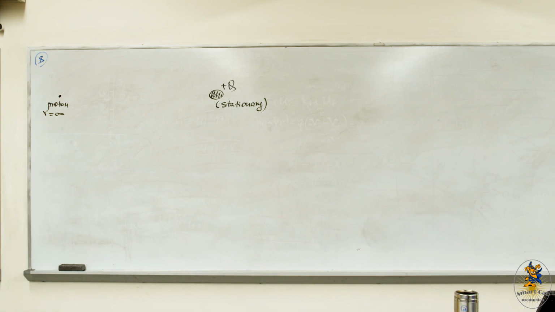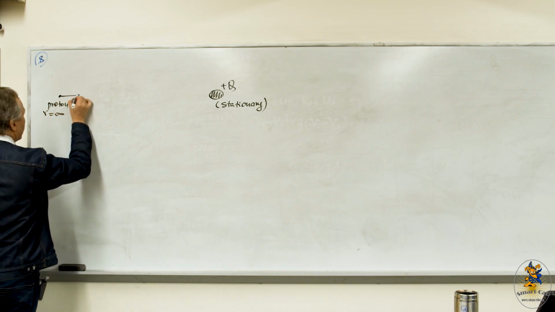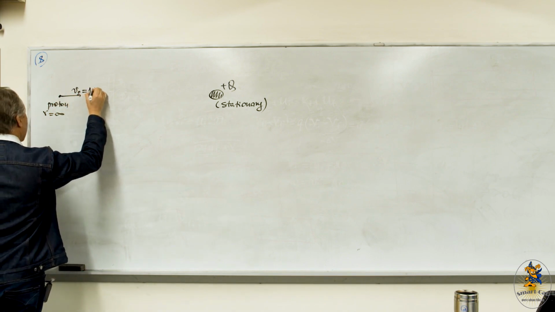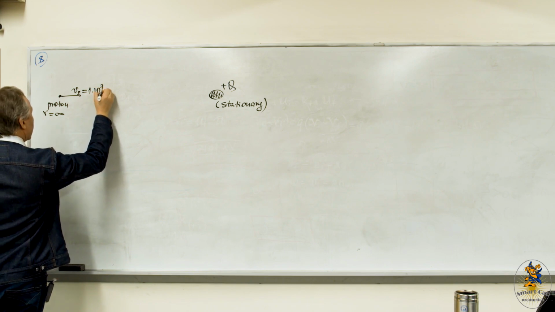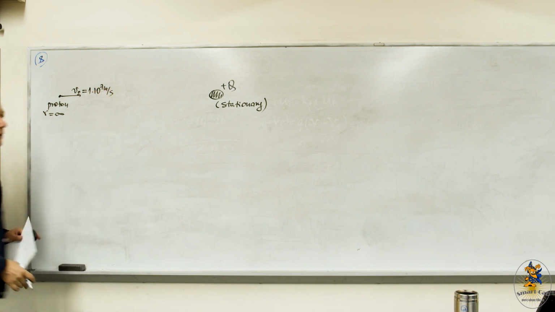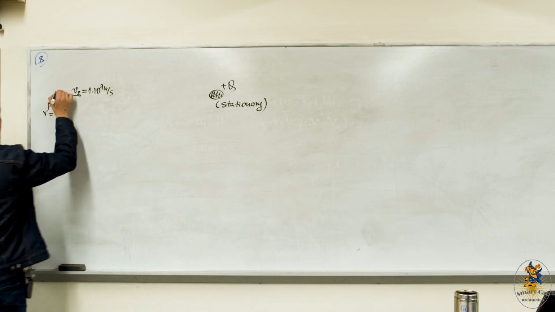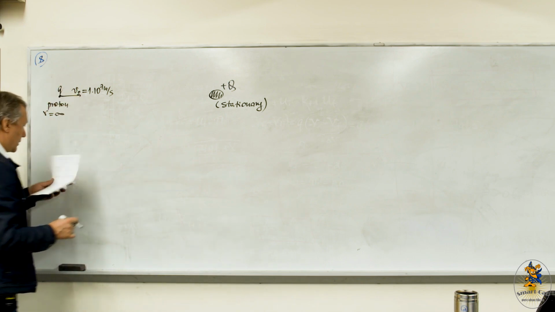And let's shoot it towards that charge, Q capital, with initial velocity V0 equals 1 times 10 to the power of 7 meters per second. 1,000 kilometers per second. Not a bad speed. So it's a charge q, small, let's say.